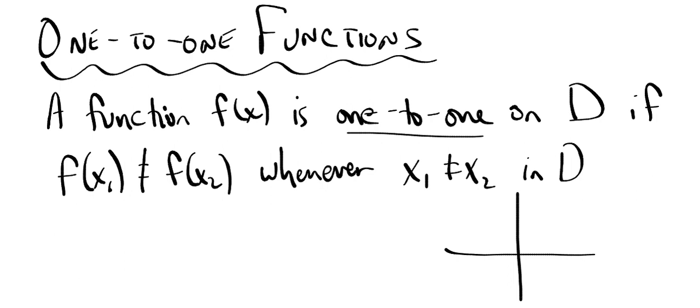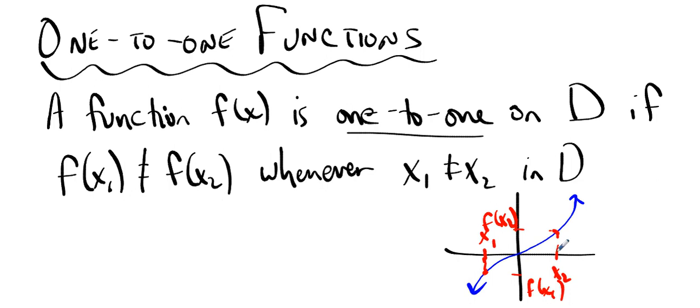If you've taken any sort of pre-calculus course, you've probably taken a look at functions like this, and you've said that these are one-to-one functions, because if I pick an x1 and an x2 that are different, f of x1 and f of x2 are different.